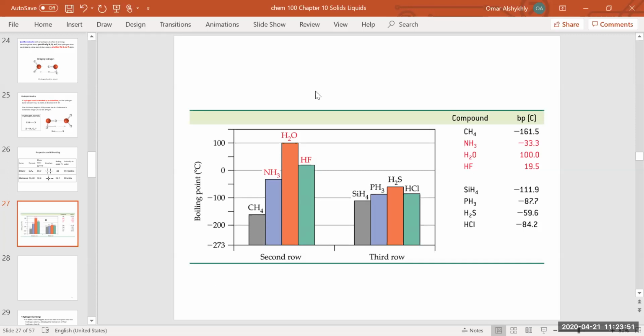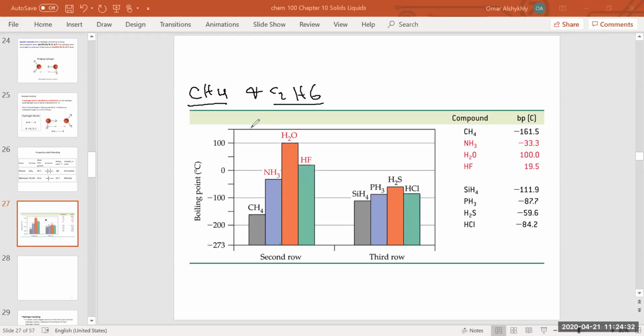So before I start with this chart example, I just want to give you an example to understand how we will compare. Let's say I have CH4 and C2H6.